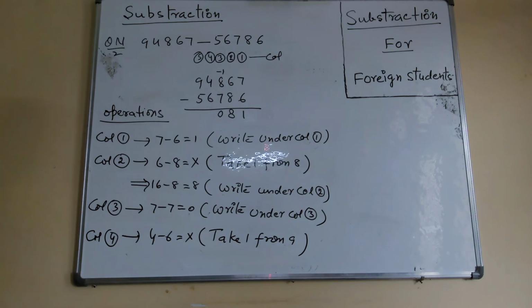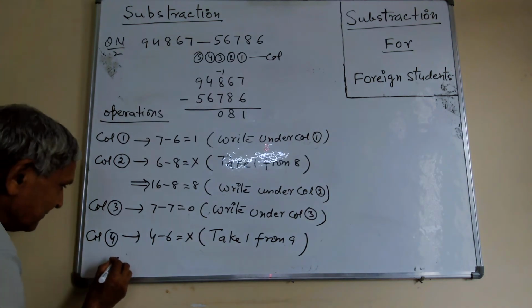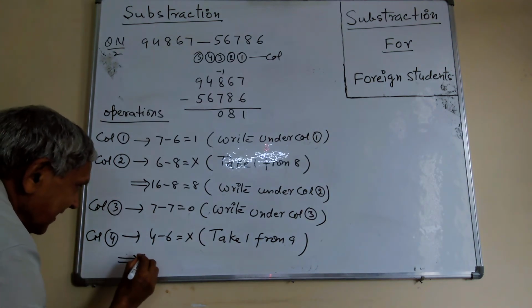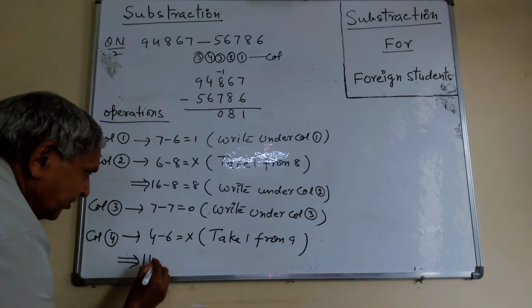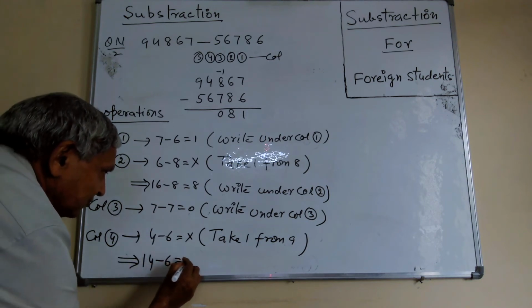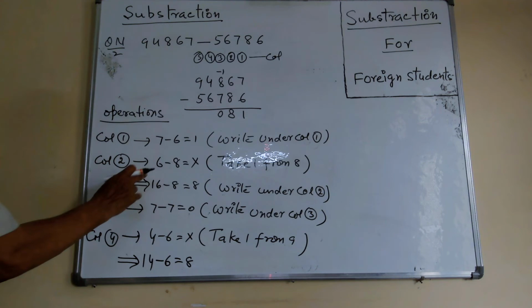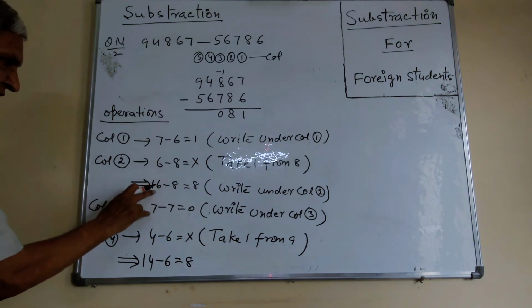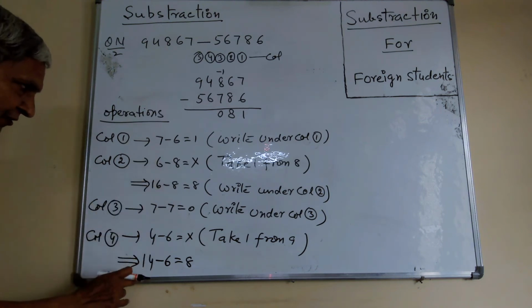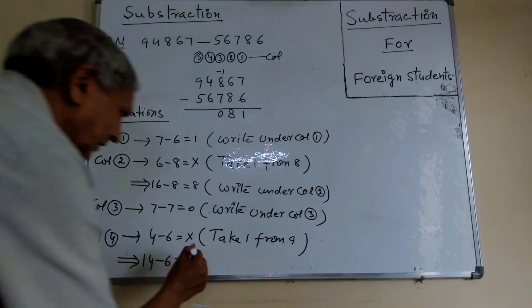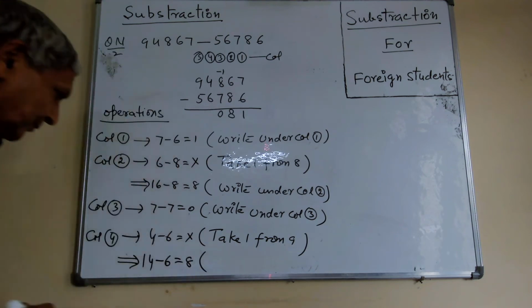Take 1 from 9. And this implies 4 becomes 14, 14 minus 6 is equal to 8. As you have seen, 6 becomes 16, 4 becomes 14. In this way, you have to make the operation.